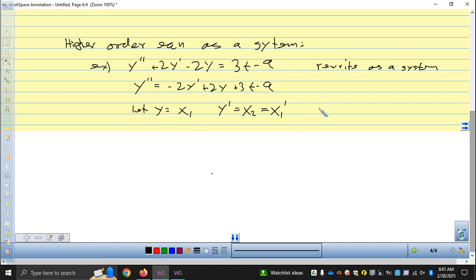And y double prime is going to be x2 prime. So we get x2 prime equals 2x1 minus 2x2 plus 3t minus 9, and x1 prime equals x2.